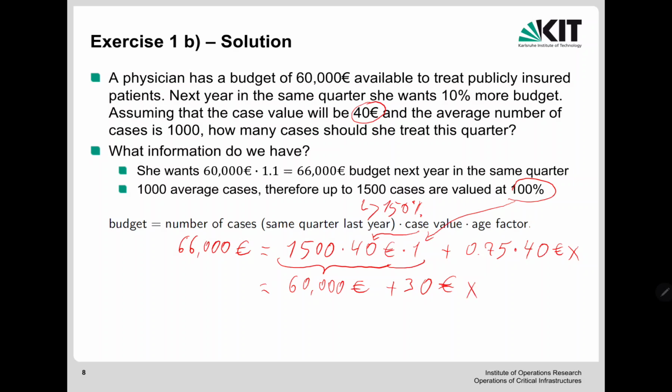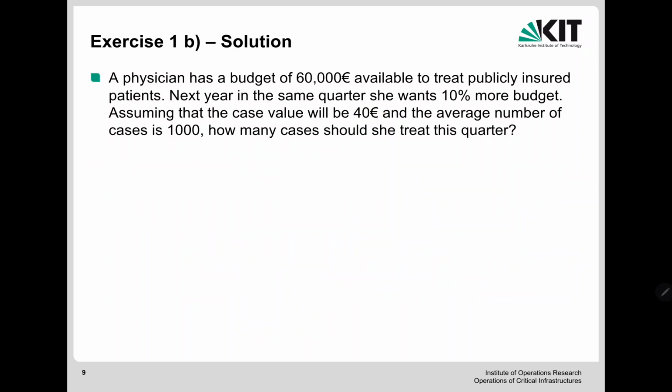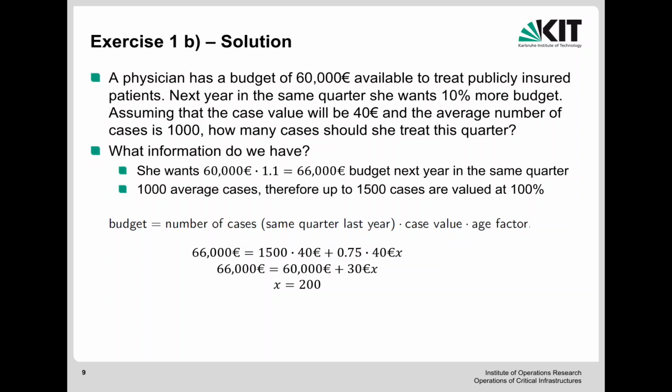Okay, this is X. And then we have 66,000 on the left-hand side, and obviously X is 200. 200 patients. Here it's again written in a nice way.